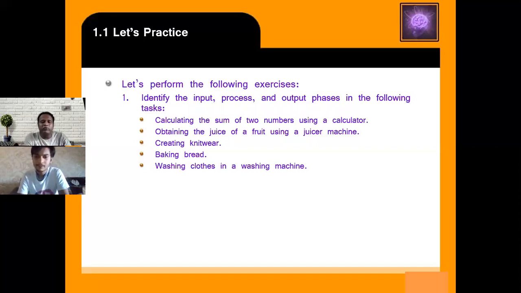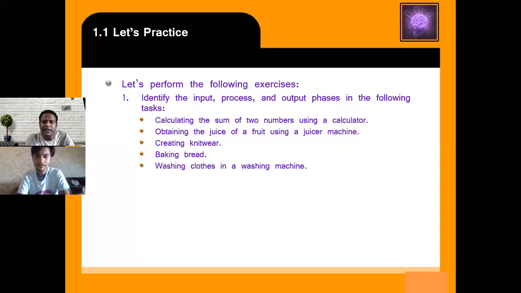Here the input is what? Your two numbers. Input is numbers. Then you are using a plus symbol as an input also. Then your process is what? When you choose the equals symbol, it gives you the output. Output is the result. Next, obtain the juice of a fruit using a juicer machine.